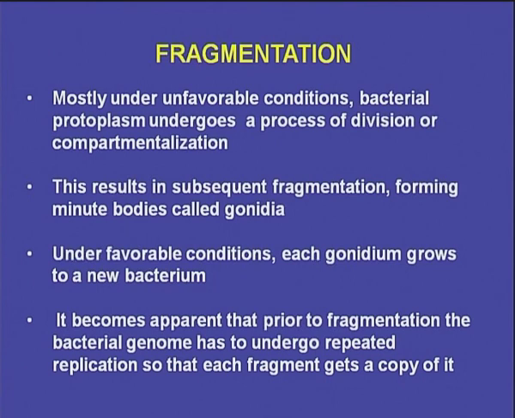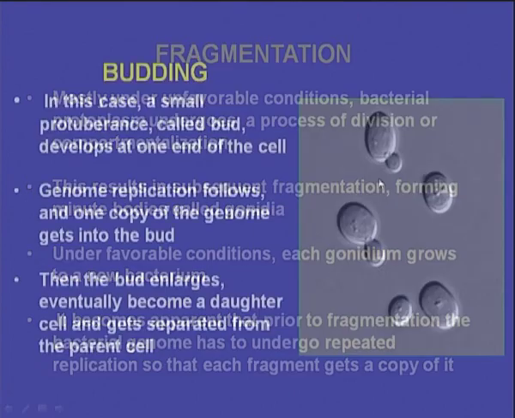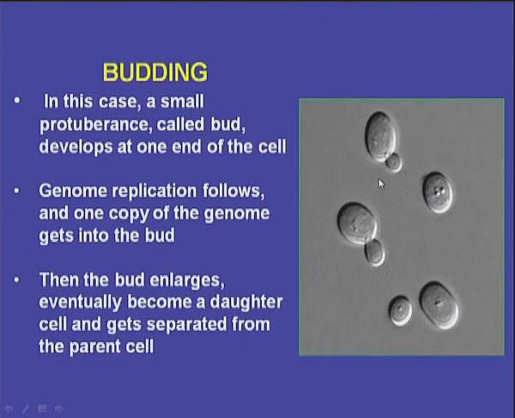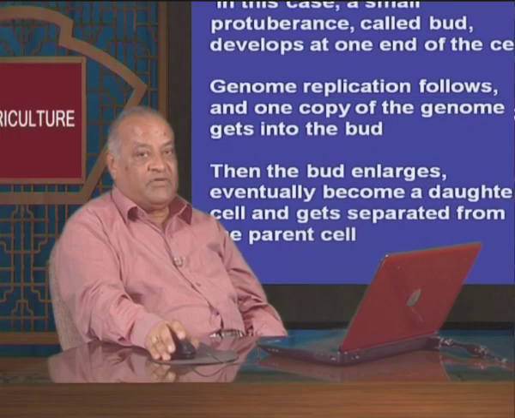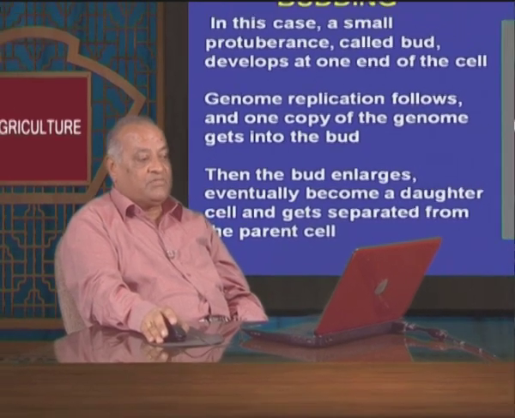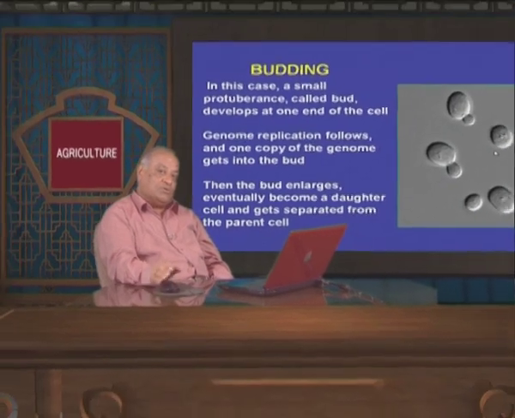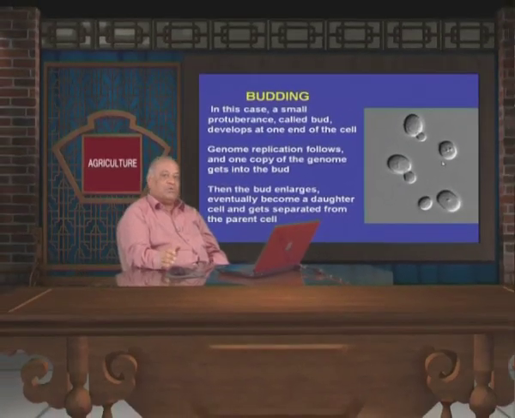It becomes apparent that prior to fragmentation, the bacterial genome has to undergo repeated replication so that each fragment gets a copy of it. Then we come to the budding. As we have seen in the fungi, which have yeast-like structures, yeast also reproduces vegetatively through budding.